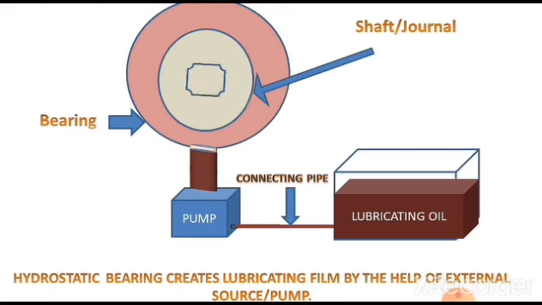The shaft will rotate after making a lubricating oil film between the bearing and journal. This gap is created by an external source, the pump, and lubricating oil is supplied by the pump externally.